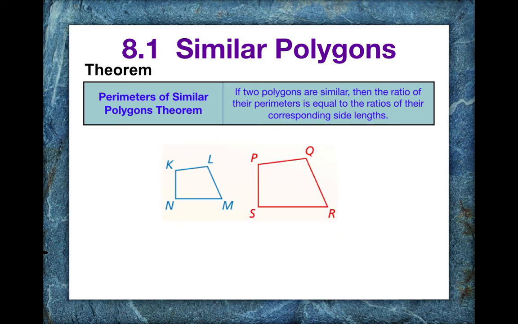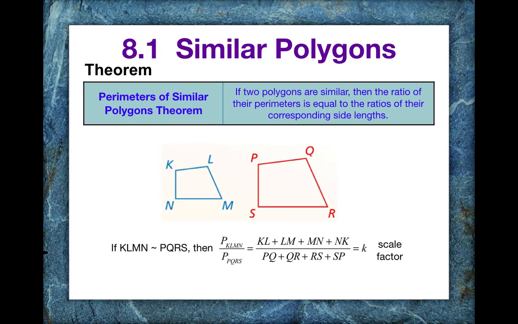So let's talk about the theorem. There's a theorem about the perimeter of similar polygons. If we have two polygons that are similar, then the ratio of their perimeters is equal to the ratio of any one of their sides.